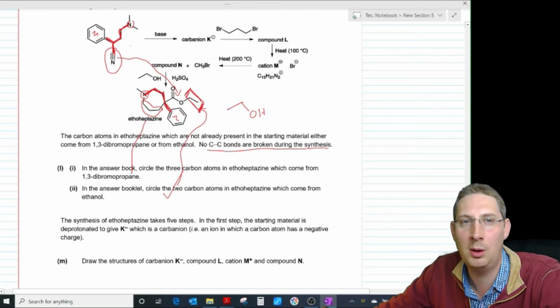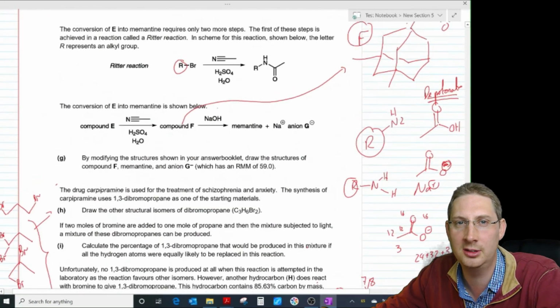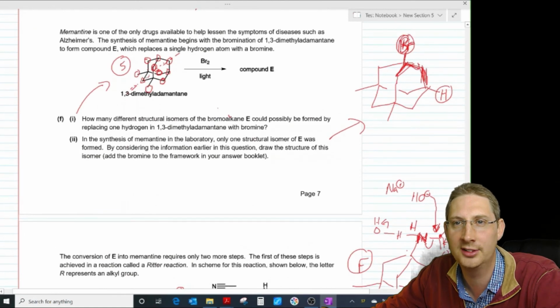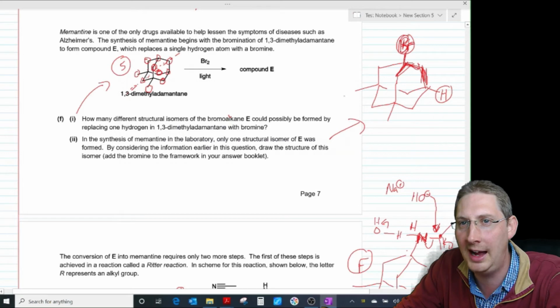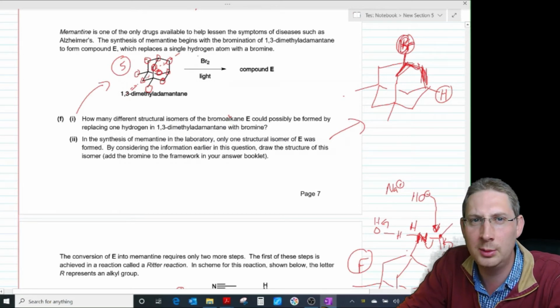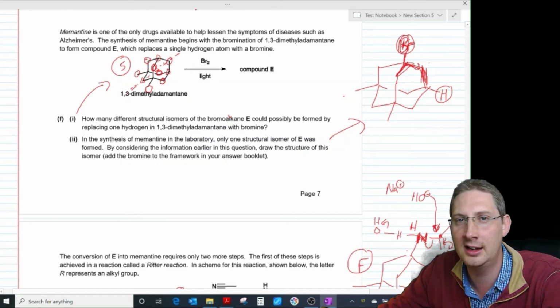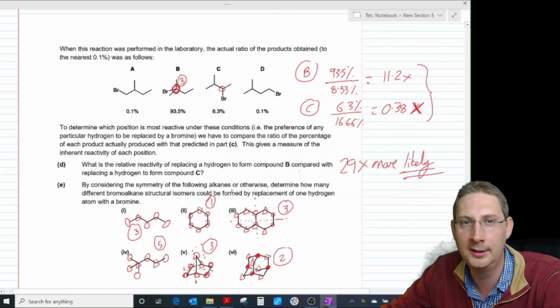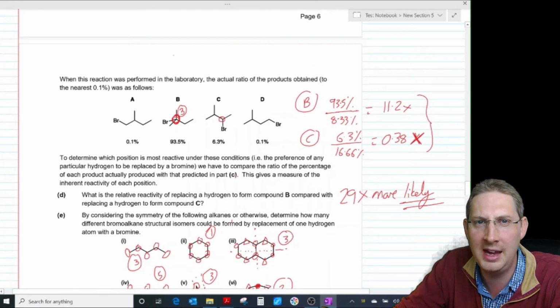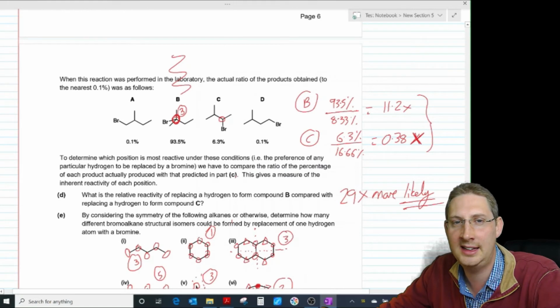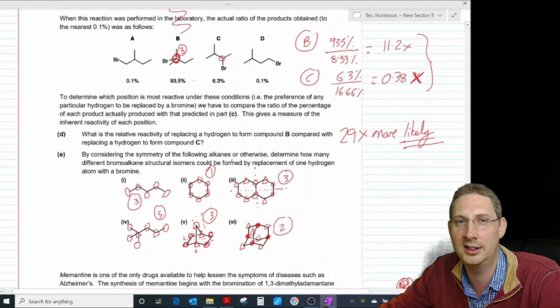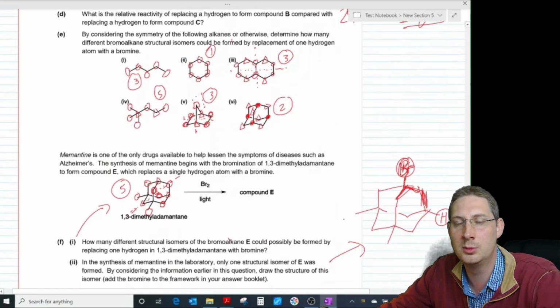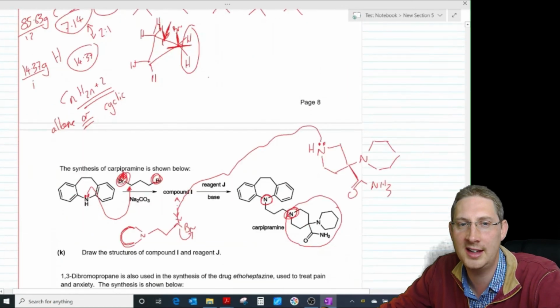If we think about what the first part of the question was trying to show us, it's where these bromines are going, and there's often a link back. So these bromines, we were saying, were going where there's a tertiary carbon, and all the way back to here with B, they're indicating that actually the things that are easiest to remove, the carbocations probably, are the ones which are most stable.